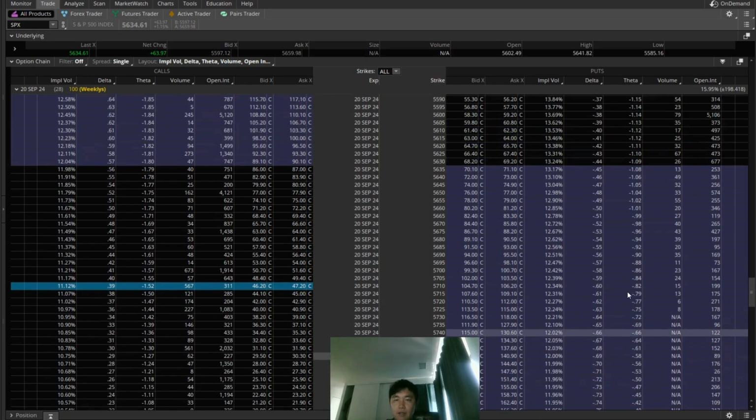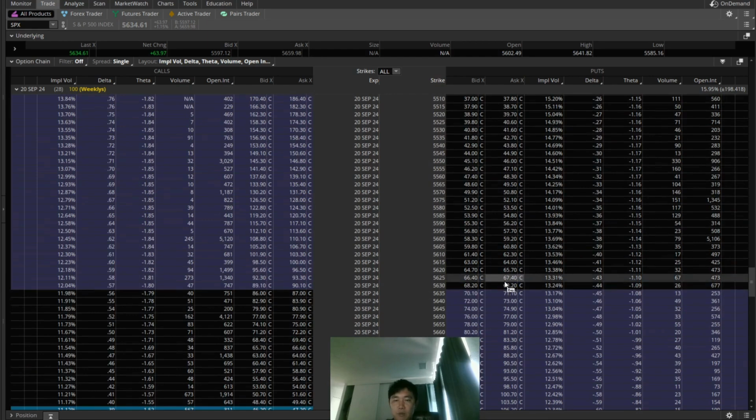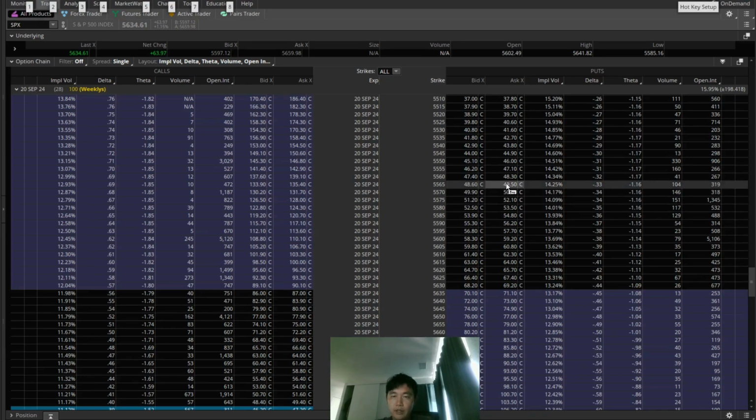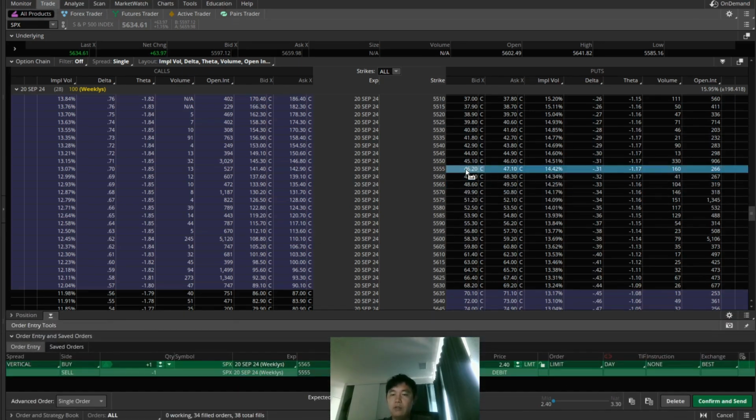You can see a difference if you do the same thing, except you go down 65 handles. You'll see that the pricing is very different. This is due to a couple of things, the delta being different, but a lot of it has to do with the fact that the implied volatility skew is in our favor on the downside.